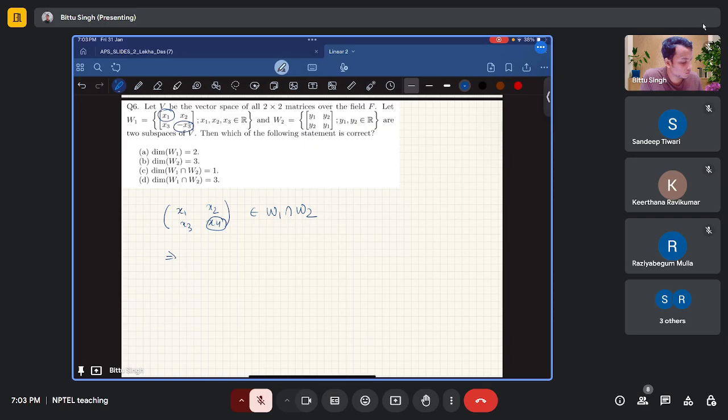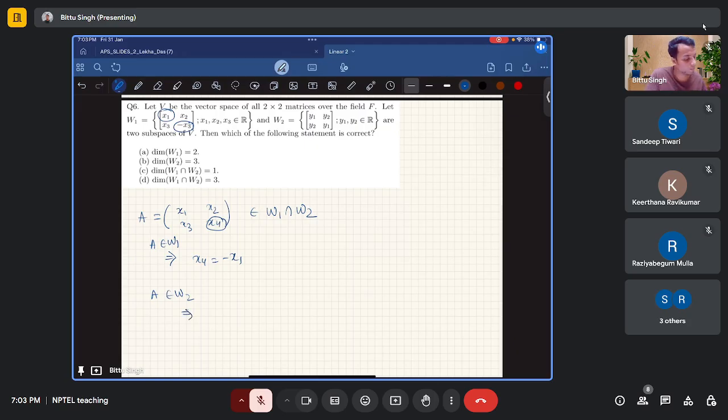So if A equals this, since A belongs to W1, this will imply x4 is the same as minus x1, right? Again, A belongs to W2.